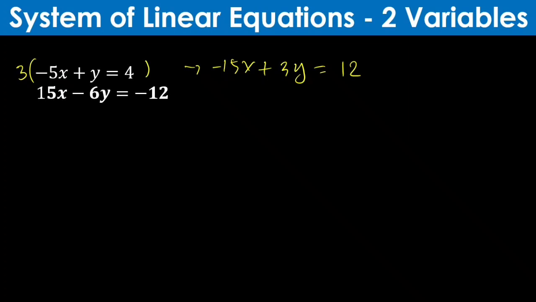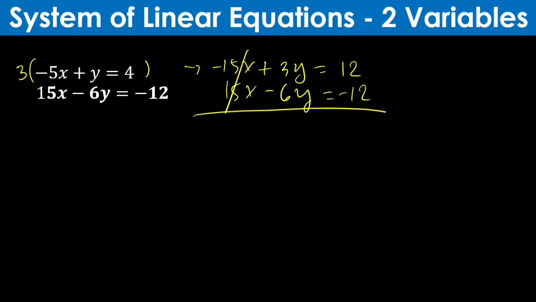And let's copy this equation here. And add them. This is now 0. This is -3y. Gives us 0. So divide -3. -3. That gives us y equals 0.